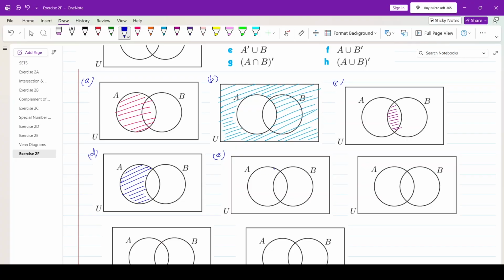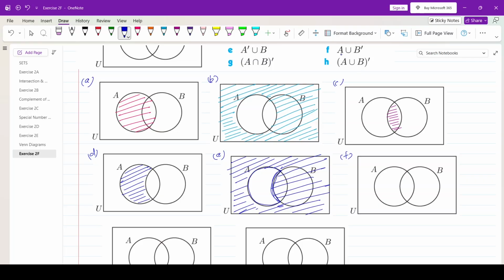Therefore, everything out of this part will be A complement union B. So which is going to be this part.